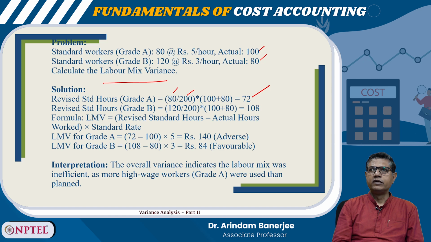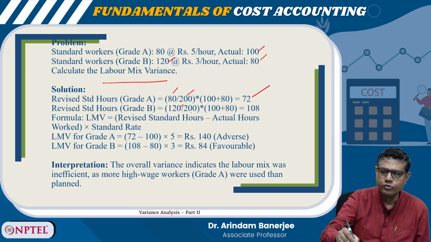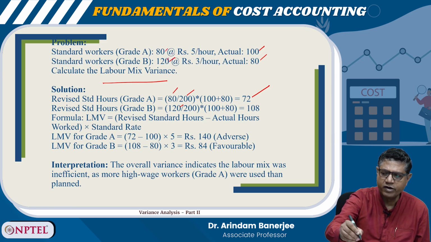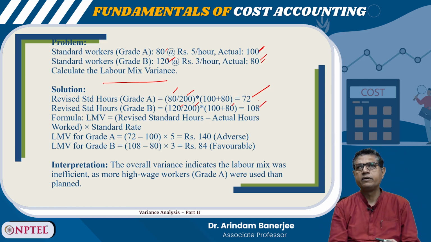For grade B workers, the revised standard hours are 120. 120 is coming from here, 200 is the sum of 80 and 120, right, into 100 plus 80, it is coming from here, right. So, if we solve, then the revised standard hour is coming 108, right.